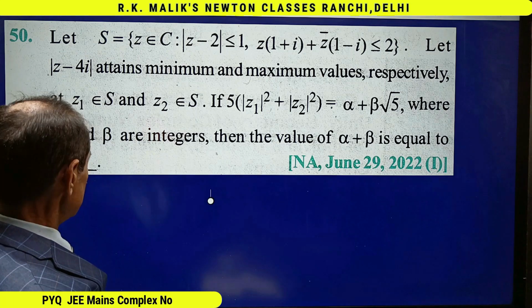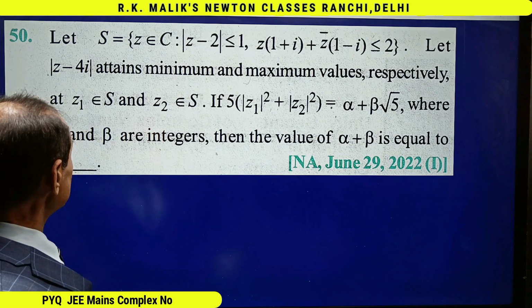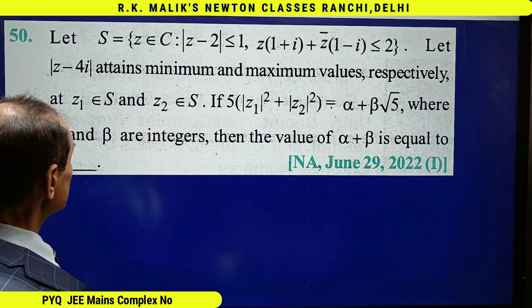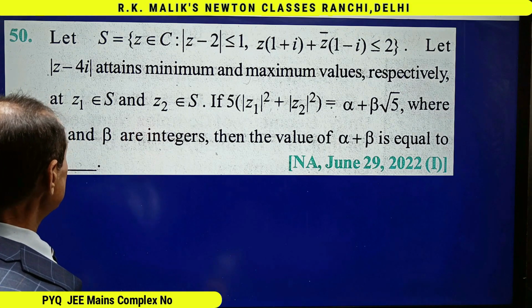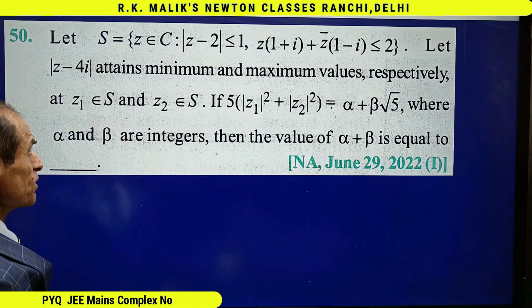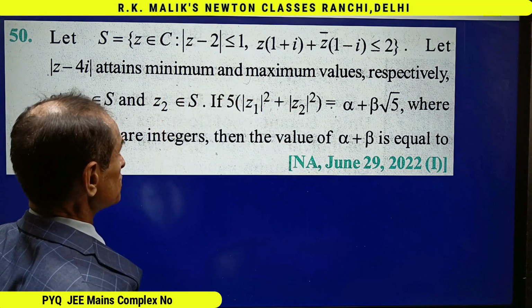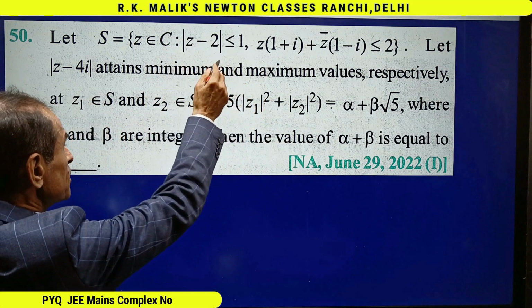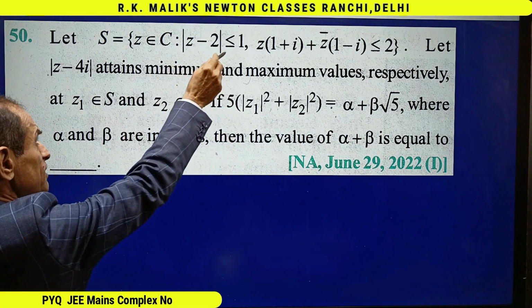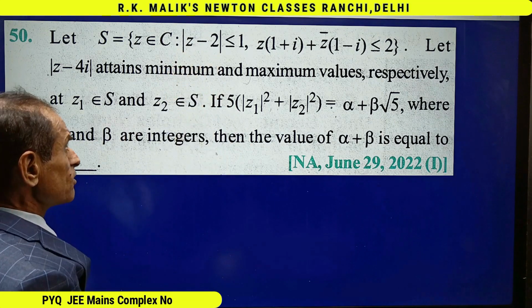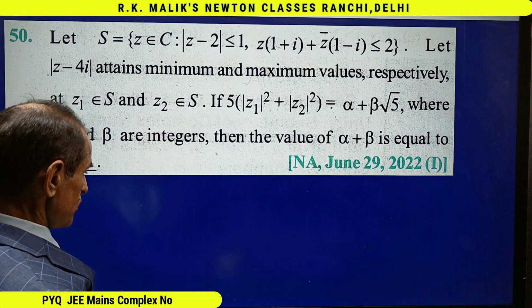First of all, let us find the complex numbers of the set S, that is, complex numbers satisfying both these conditions. The first inequation represents a circle and its interior with center 2,0 and radius 1.